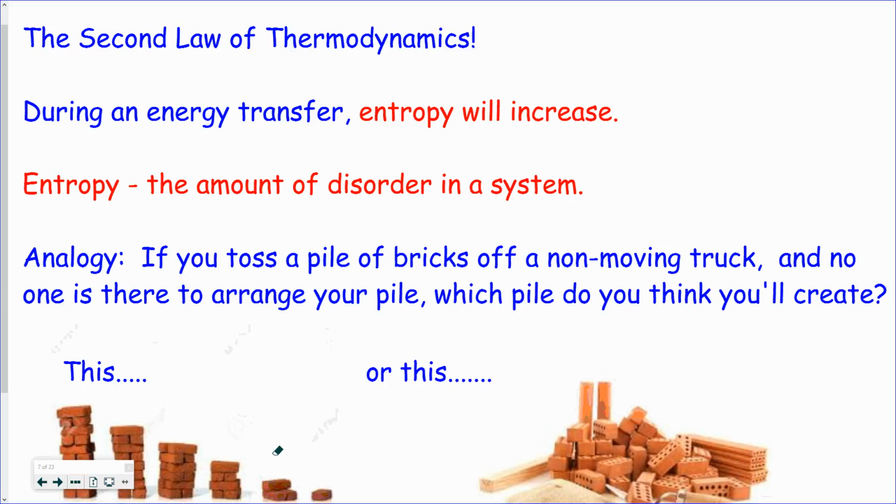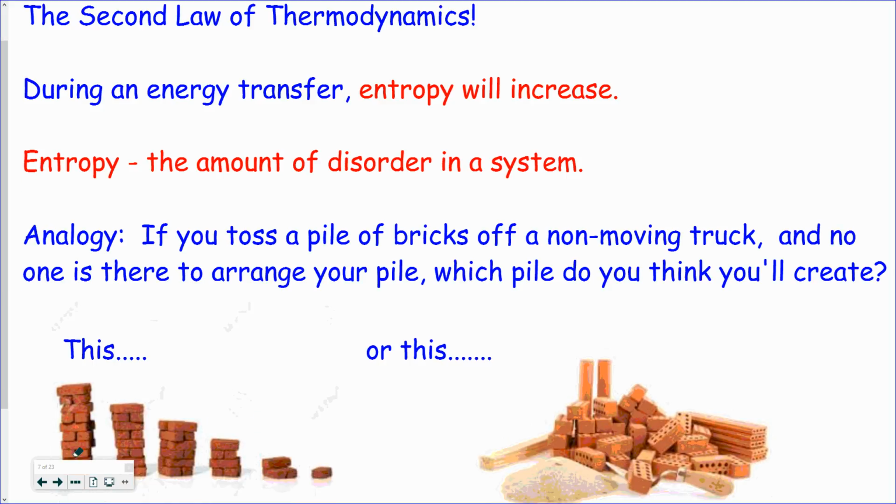So let's say I decide to apply some energy to a pile of bricks that falls off a non-moving truck, and I want you to think about how those bricks will land on the ground. Are they going to stack themselves up in a nice, tight order just like this? Or when I throw those bricks off the truck, looks pretty chaotic?